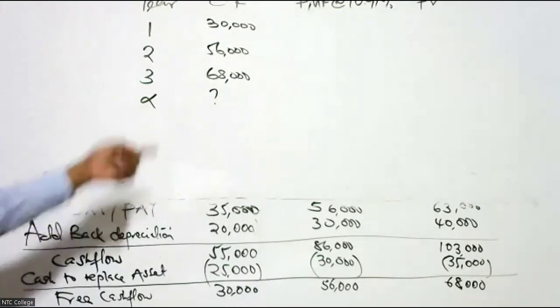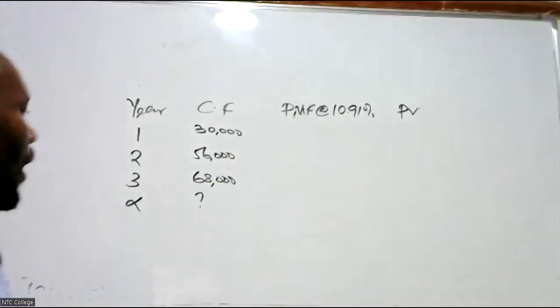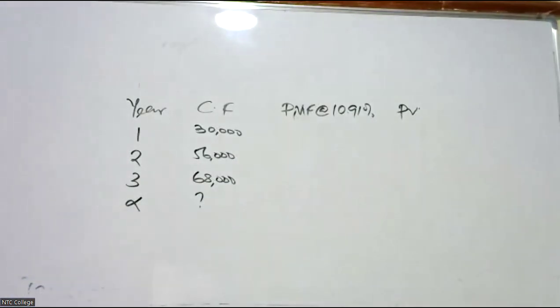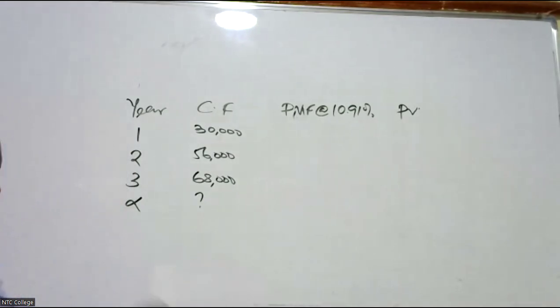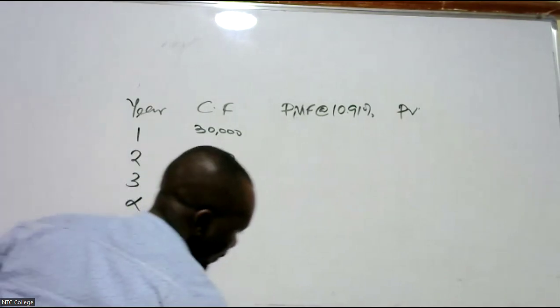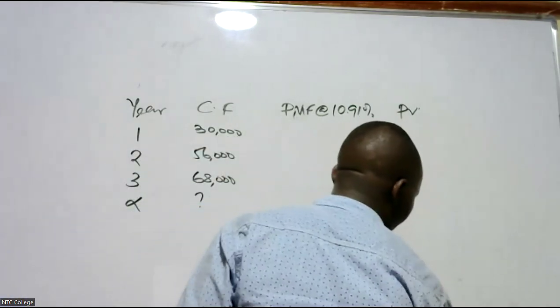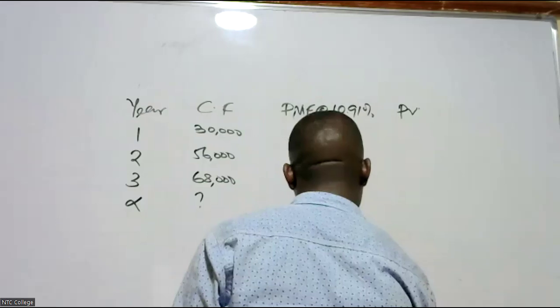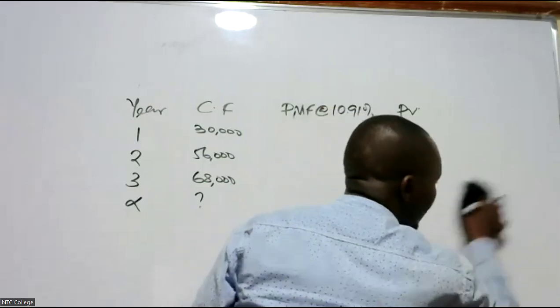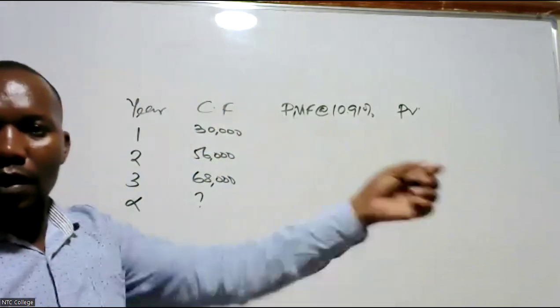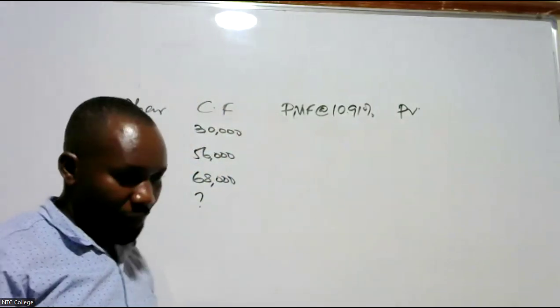How can we get this one? Which formula do we use?